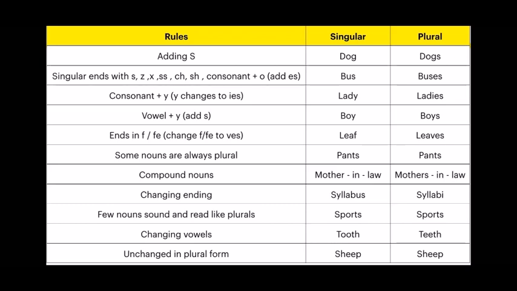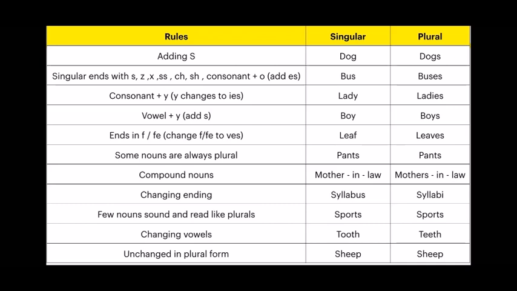Consonant plus y. So what did I tell you? What is consonant? Letters other than vowels. Letters other than A, E, I, O, U. So consonant plus y. If the last alphabet is Y and before Y we have a consonant letter, what do we do then? We change Y to IES.